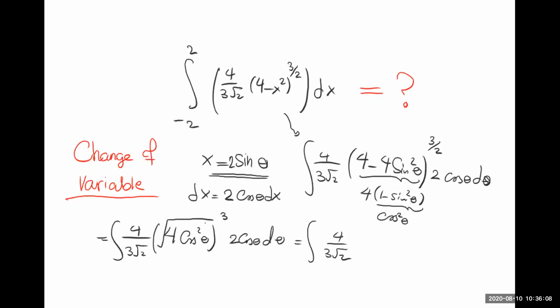Now, square root of 4 cosine squared is just 2 cosine of theta. And then there is another 2 cosine of theta there, d theta. If I multiply them, I would get 8 over 3 square root of 2 times 4 cosine theta squared d theta.